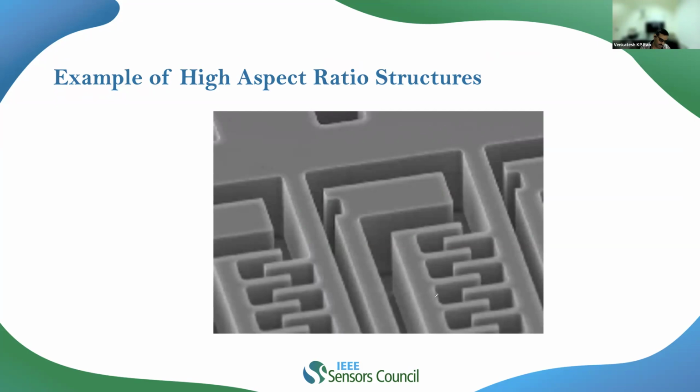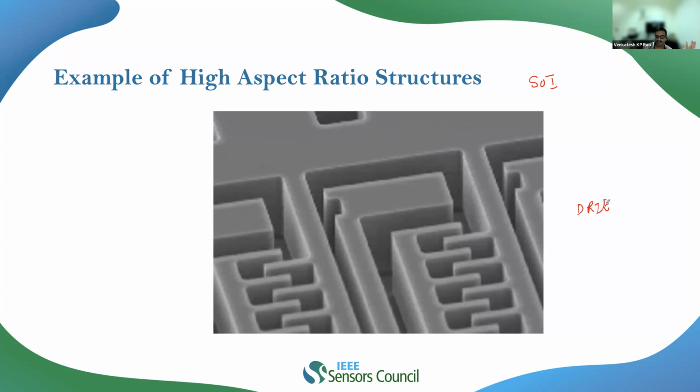And if you want to go forward with high aspect ratio structures, in such cases your SOI process is very, very handy. Also, in the majority of high aspect ratio structures, we indeed go forward with the DRIE process, which stands for deep reactive ion etching.